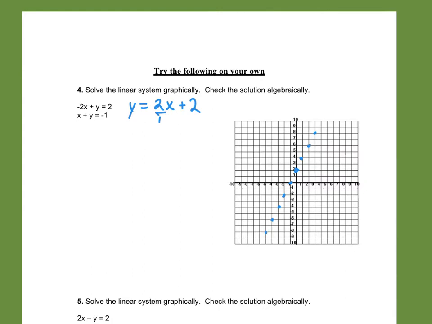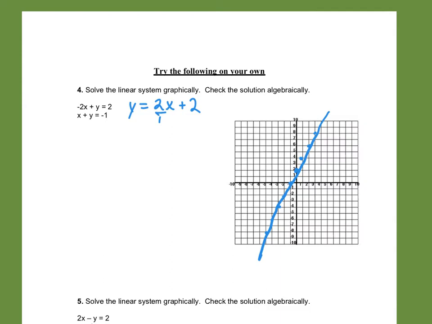Whoa. Okay. It's kind of a bad line. Oh well. Next one. Can I graph that the way it is? x plus y equals negative 1? Nope. What do I need to do?